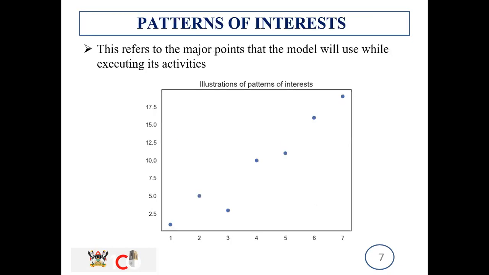So the patterns of interest. If you're training a model, know that the model will not take all the data that you are inputting into it. All the data you input will not be valid for it.